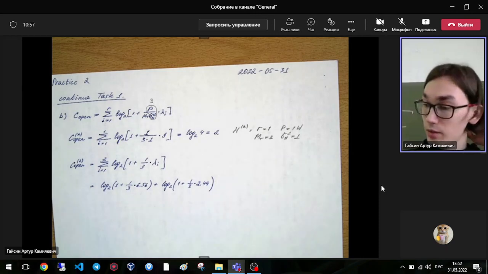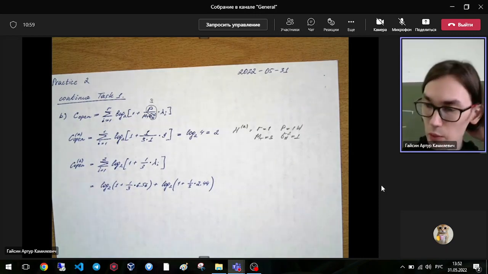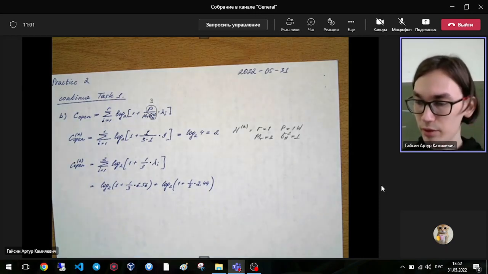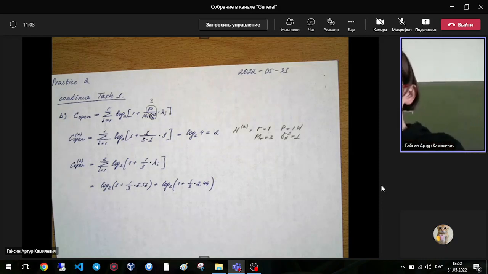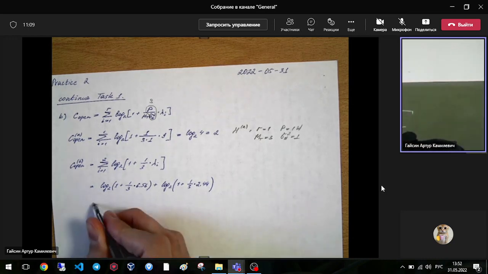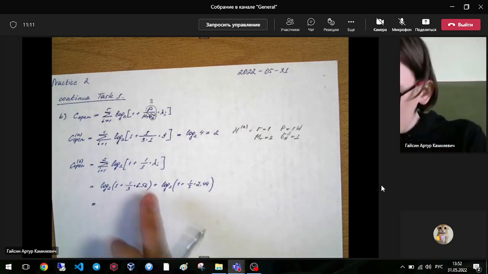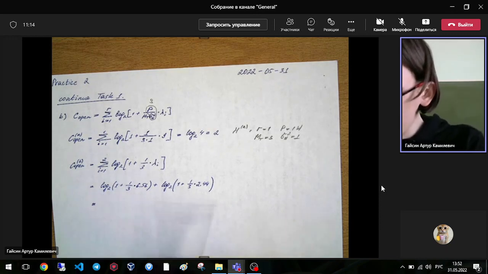So yes, sometimes maybe you can have something like this in the exam. You need to just write it, for example. So we calculate everything inside of these logarithms.